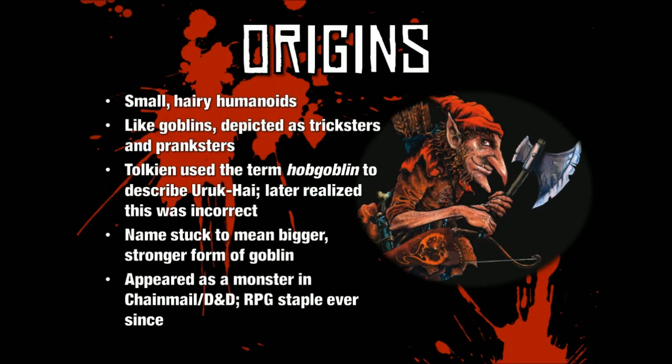He later realized this was incorrect, and that's why he uses the term Uruk-hai in the Lord of the Rings books. But that precedent has stuck with us, and hobgoblin now pretty much means a large goblin, a larger, stronger form of goblin.